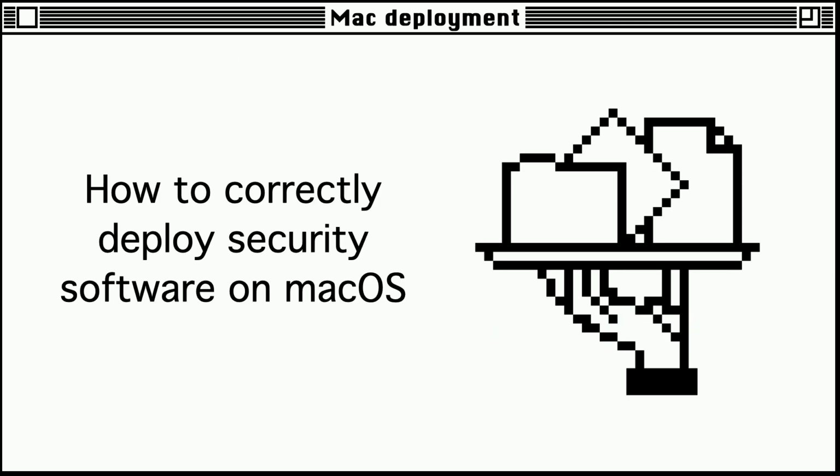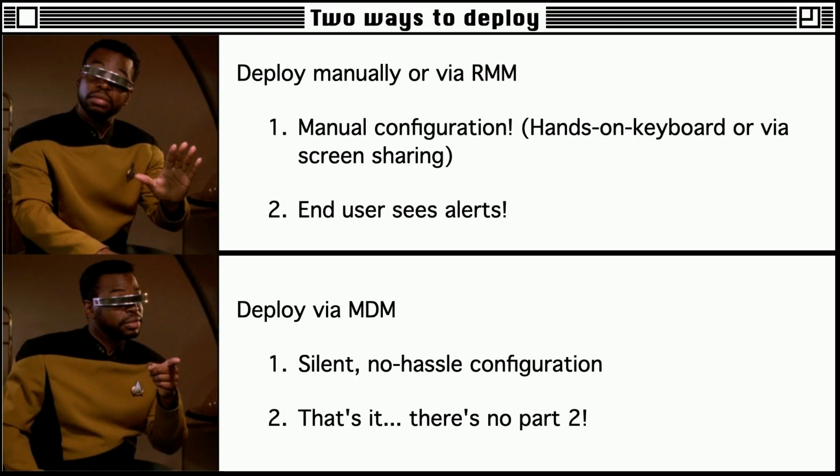What we're going to talk about now may be old hat for some of you, and it might be brand new. I'm hoping that for some folks in here, this is new and this will help you. We're going to talk about how to correctly deploy security software of any kind on macOS. There are basically two ways to deploy your security software. One, and this is very common in a lot of Windows-first companies, is you either do it manually or you use an RMM to push the installer out to your endpoints.